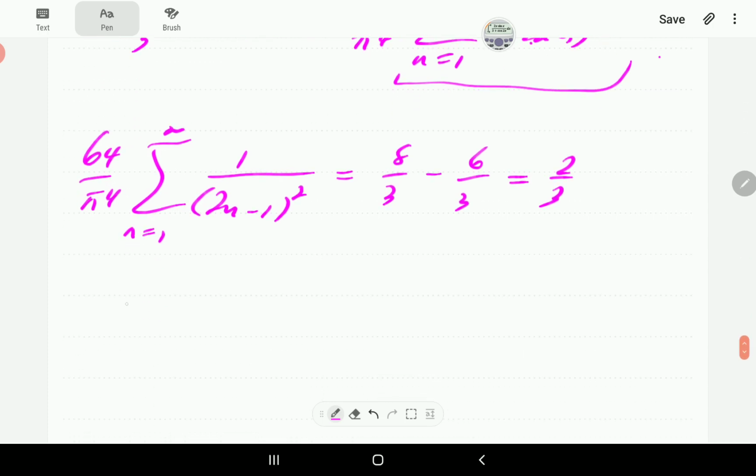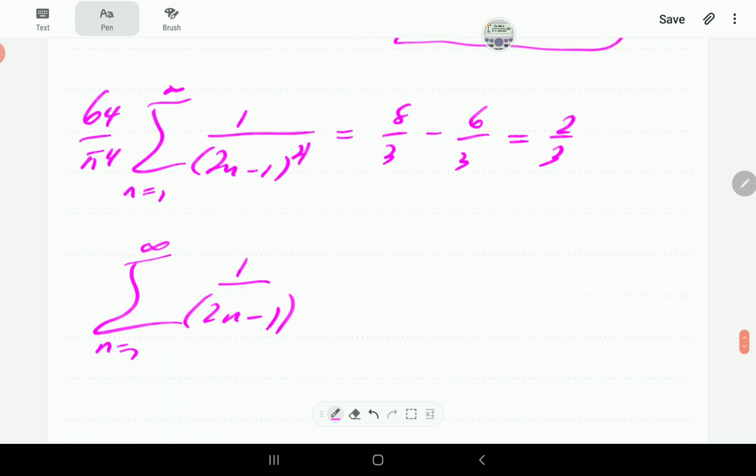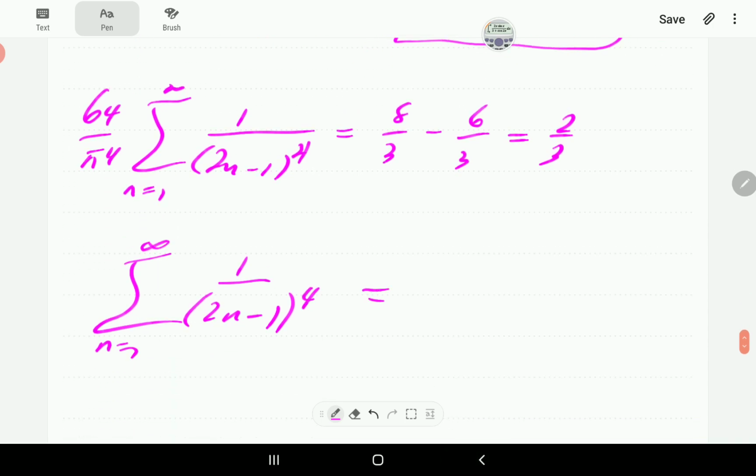So that means the summation of these reciprocal odd powers, this power 4, is going to be pi to the power 4 over 64 times 2/3.